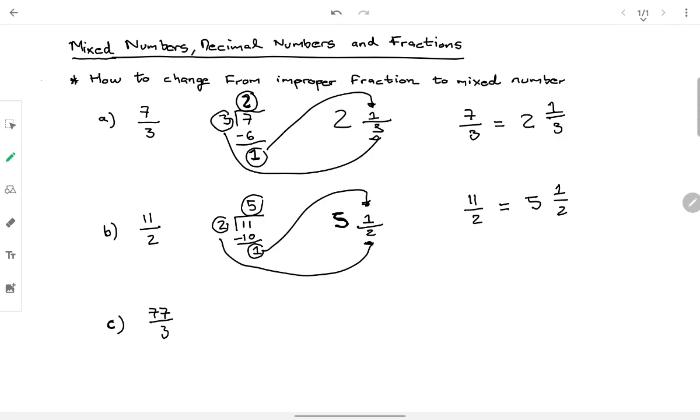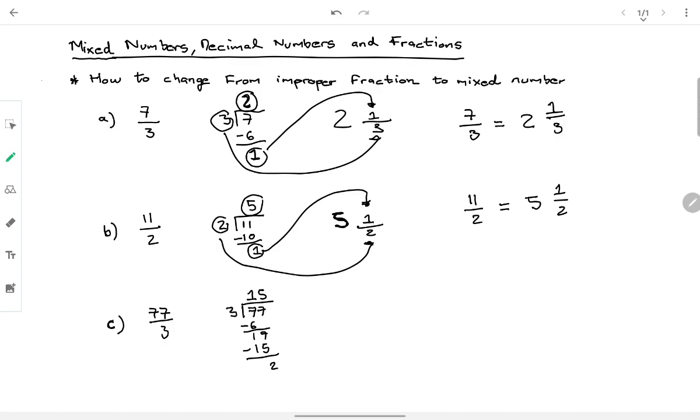Let's see another example. If we have 77/3, what we need to do is make the division. 77 divided by 3. That means 2 here, and 17, that means 5 here. That gives us 25, and we have a 2 as a remainder.